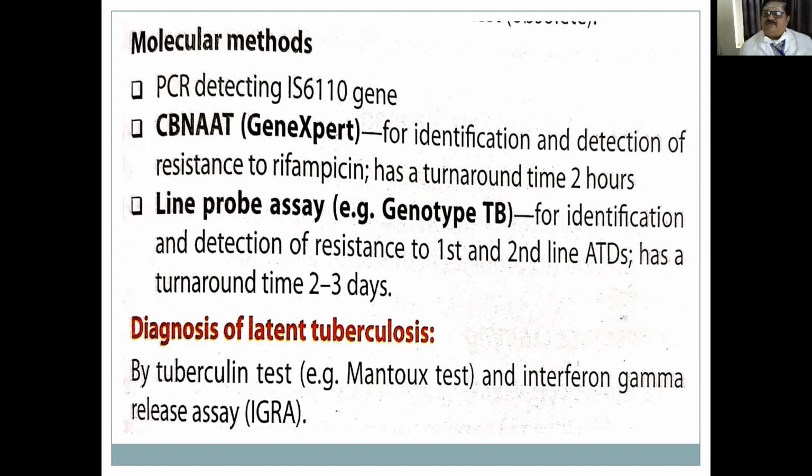And diagnosis of latent tuberculosis, that is there inside but there are no symptoms, and you want to diagnose, then you can go ahead with IGRA. And again, we told you IGRA is not specific for tuberculosis.